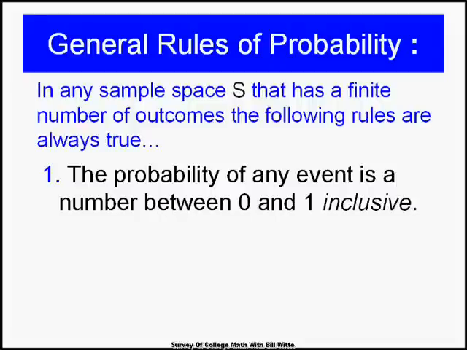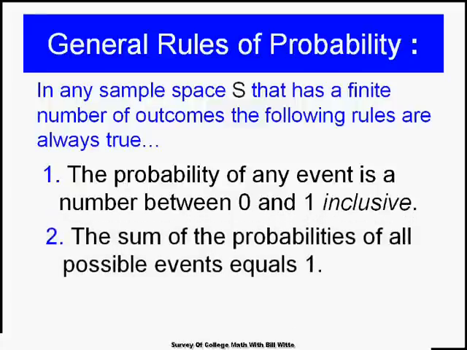Remember, if it's 0, we're sure it's not going to happen. And if its probability is 1, we're positive that it's going to happen. But usually it's somewhere between 0 and 1. Certainly, the sum of all the probabilities is going to equal 1. And that's going to be useful for calculations later.